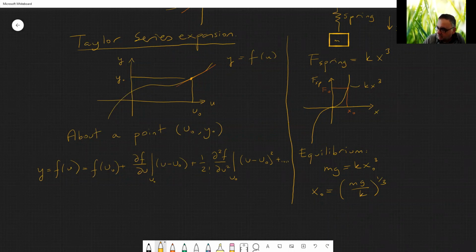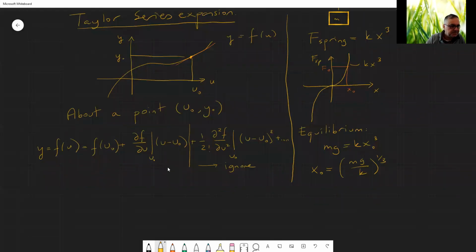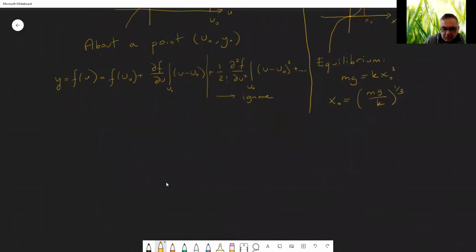Doesn't matter, because we are going to ignore the terms higher than this to linearize the system. So what we are left with is y approximately equals f of u0 plus del f del u at u0 times u minus u0. Yes, approximately, this is true.